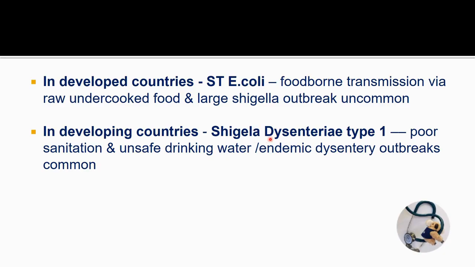So this organism becomes more common in the developing countries. And the culture or practice of eating undercooked food is also less common in the developing countries. So for this reason, E. coli is more common in developed countries and Shigella dysenteriae is more common in the developing countries. But both are Shiga toxin producing bacteria, which are responsible for HUS.